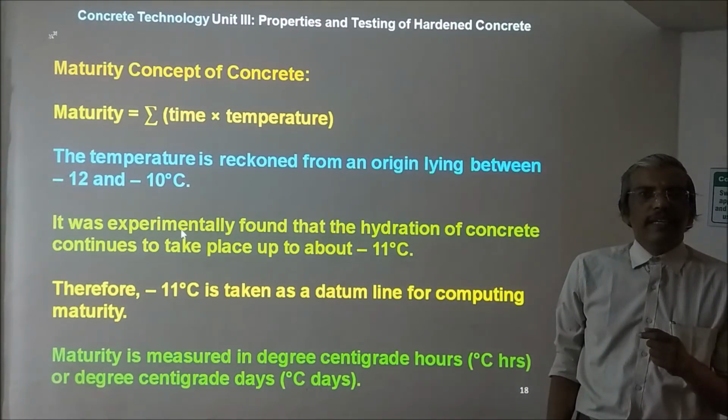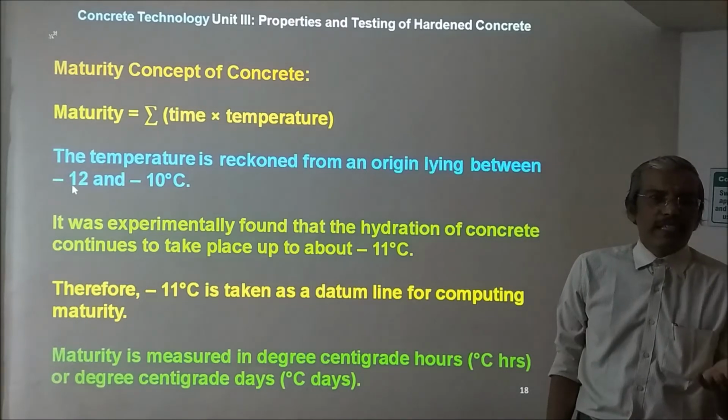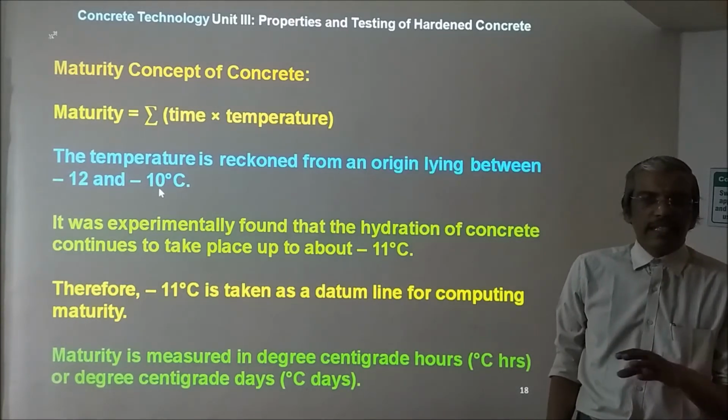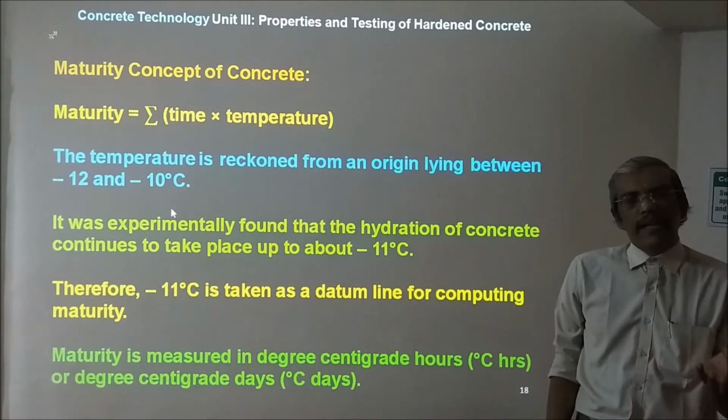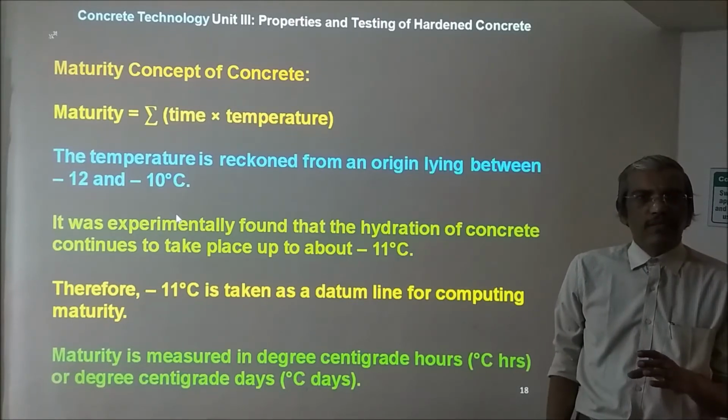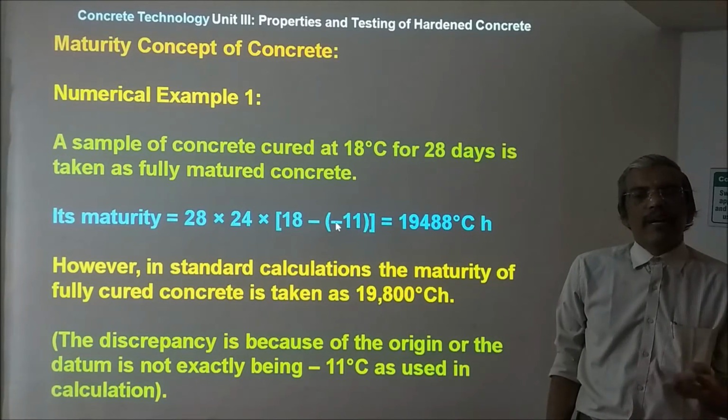It was experimentally found out that the hydration of the concrete continues to take place up to about minus 11 degrees centigrade, or we can consider minus 12 degrees centigrade and minus 10 degrees centigrade. The average is coming minus 11 degrees centigrade. So here the same value is taken, minus 11.